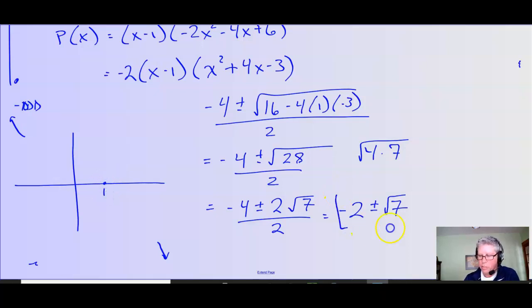And we have roots at -2 plus or minus the square root of 7. Where are those? Well, I know that the square root of 7's got to be between 2 and 3. So the first one's got to be around here, and the second one's got to be equidistant. So I'm going to say here. So we say -2.